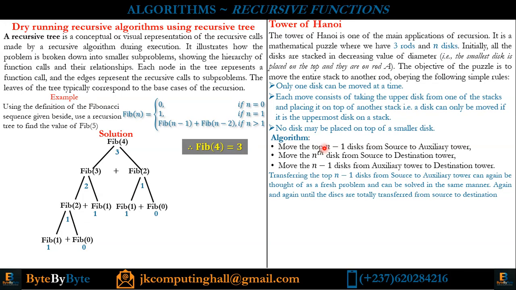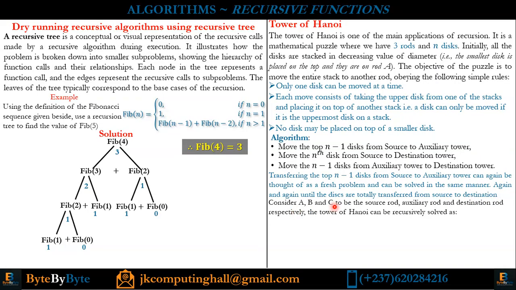So as I am moving n minus 1 disks from the source to the auxiliary, it is just as if I'm repeating the procedure again, but this time around my source remains the source, my auxiliary is like the destination, and the destination is like my auxiliary. So that is how it is. Viewing this problem, we see that it is a perfect application of recursion, and again until the disks are totally transferred from the source to the destination.